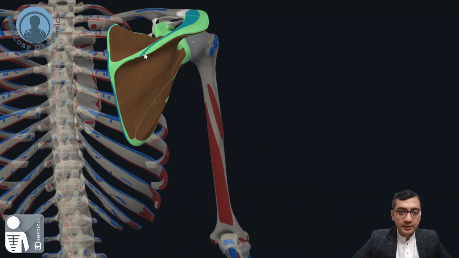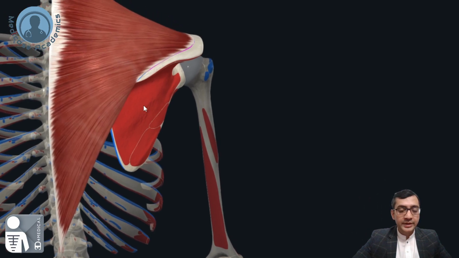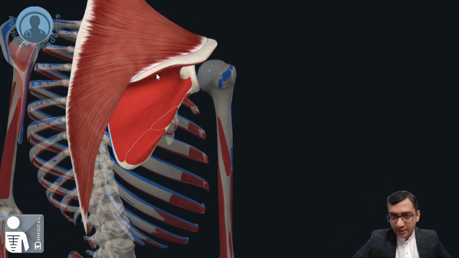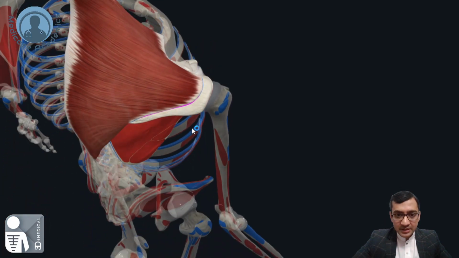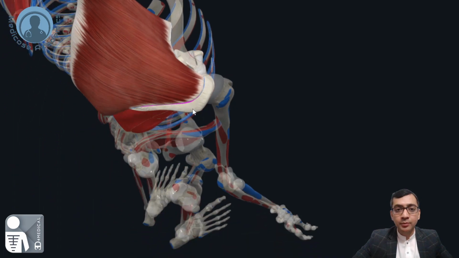The muscle that originates from the superior lip of the crest of the scapula is the trapezius muscle that we discussed, that we saw in the clavicle. So it is attached to the superior lip of the crest of the spine of scapula. The same muscle is attached to the medial border of the acromial process.